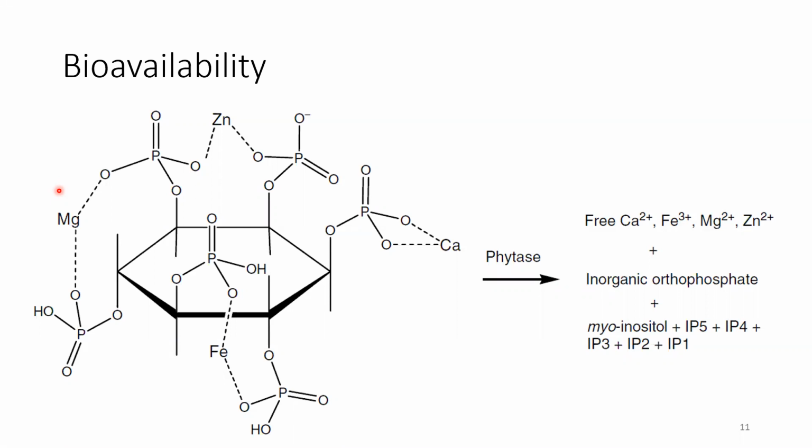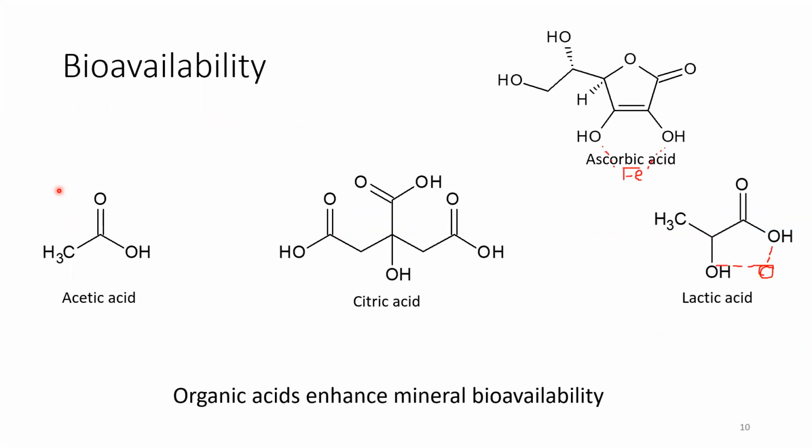Unfortunately, there is not a way to look at a structure and to know if that chelate is going to be soluble or not soluble. So the chelates that we formed here are soluble and increase bioavailability.